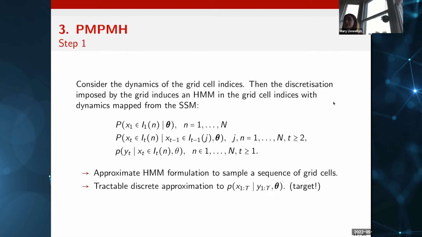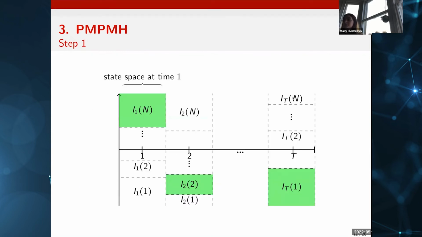So we've introduced this HMM approximation to the state space model, and we've applied forward filtering backward sampling. In doing so, what we obtain is a sample trajectory, a proposed trajectory of grid cells. We're not proposing point values at this point, we're proposing entire grid cells, but they're indexed, so we're proposing grid cell indices.